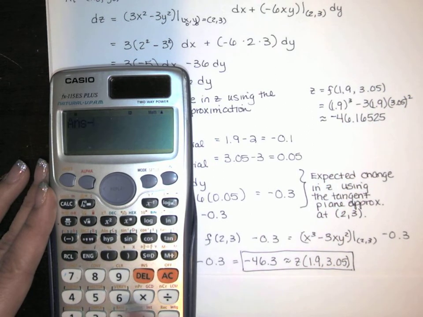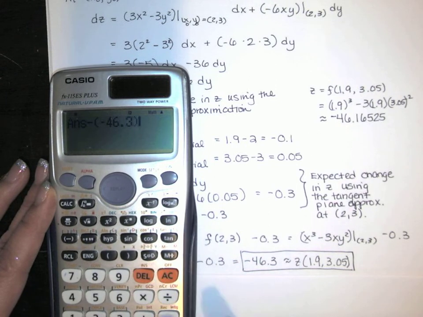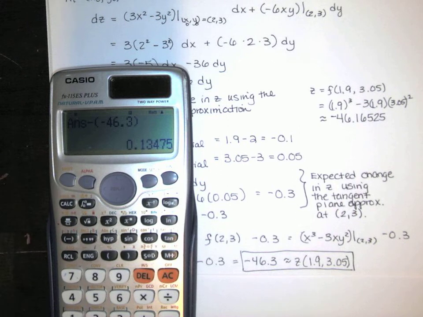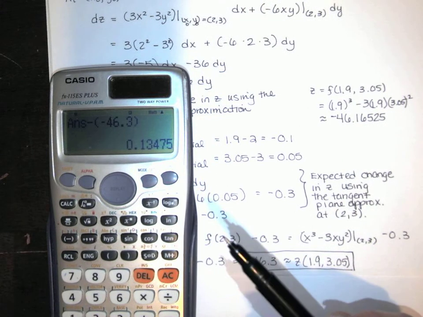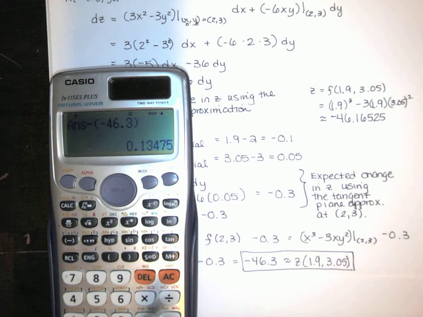Let's subtract negative 46.3 from that. Look at the difference. We were off by 0.13. So it's not an excellent approximation, but it's pretty good. Not bad.